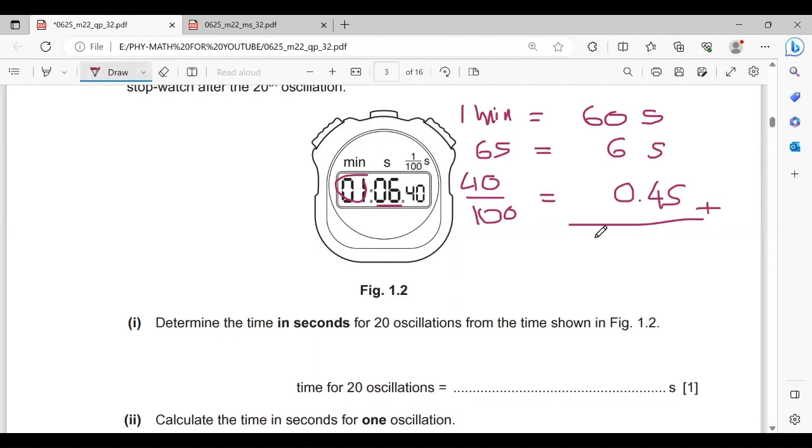If we add, it becomes 66.4. So the time for 20 oscillations is 66.4.